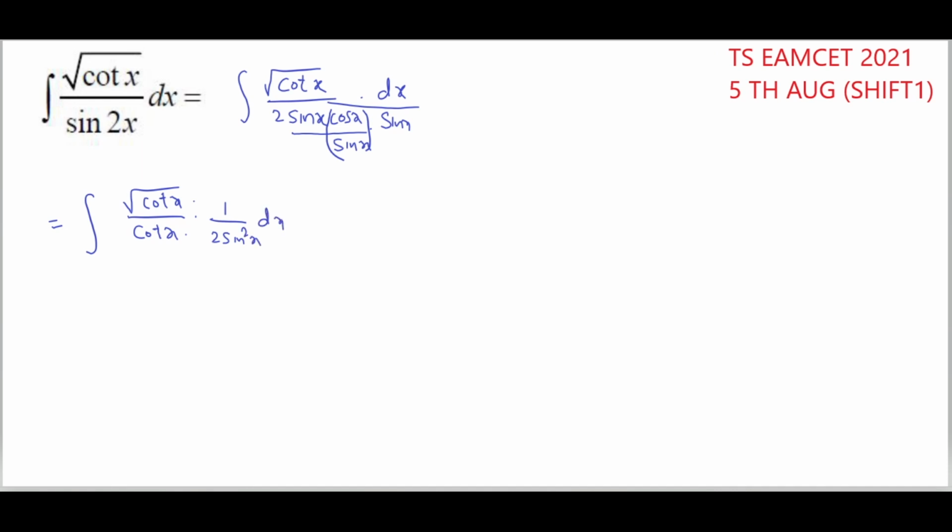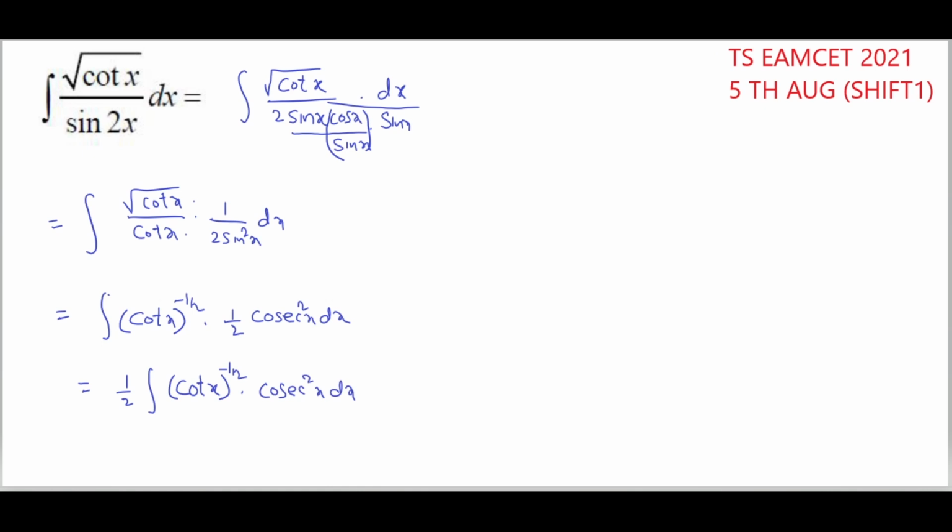Here √(cot x) by cot x, that is (cot x)^(1/2) / cot x, is (cot x)^(−1/2), into 1/2 into 1/sin² x, which is cosec² x dx. Here 1/2 is a constant, the integration of (cot x)^(−1/2) into cosec² x dx.